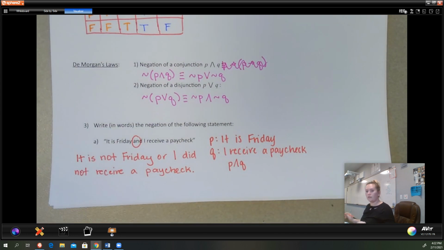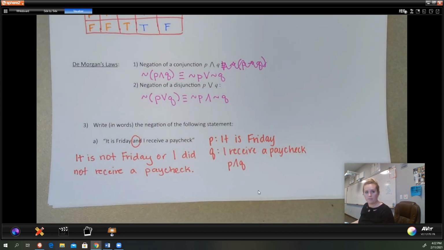That is our negation of this sentence. So you're just doing this last part, not P or not Q.